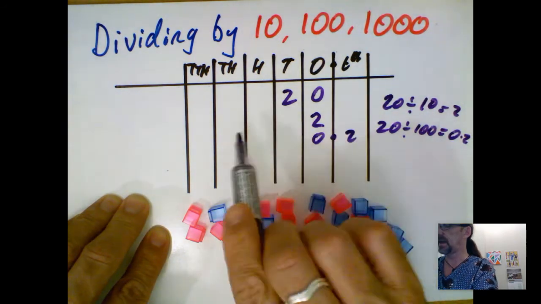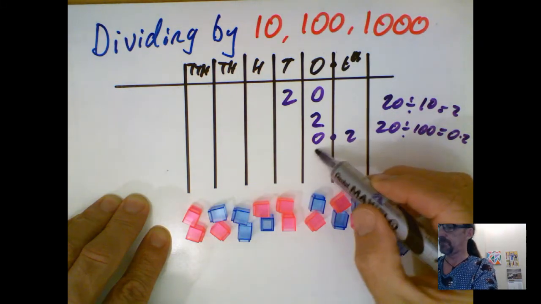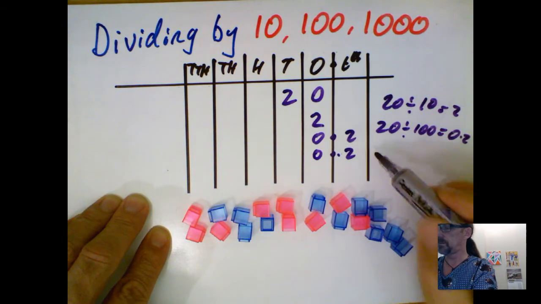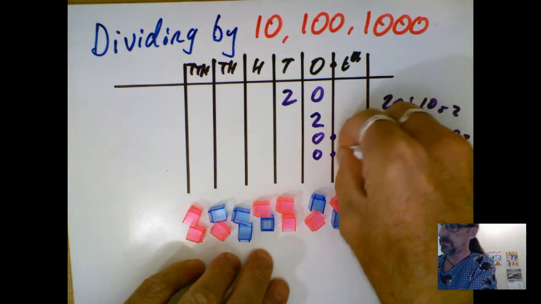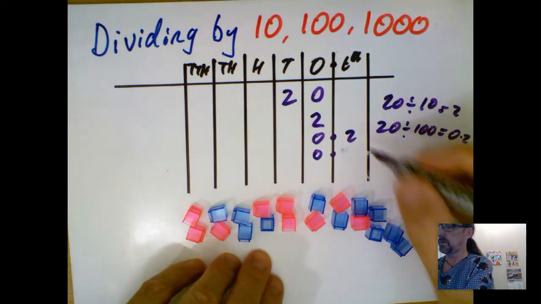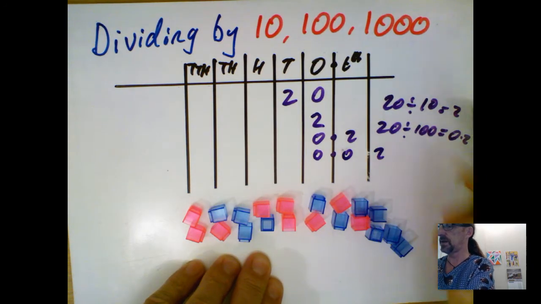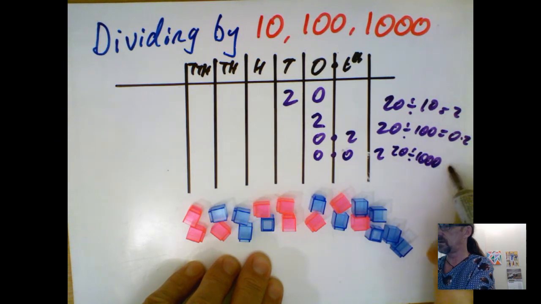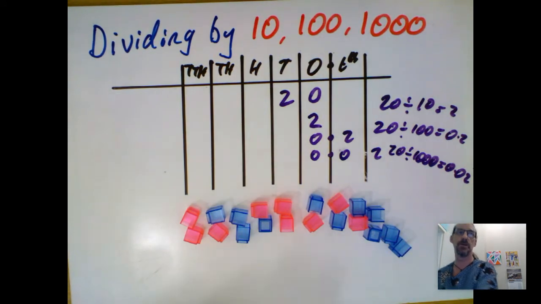Okay, if we divided it again by 1,000, then we're going one more column over. 0.2. No, making a mistake there. 0.02. So I got 2 hundredths instead of 2 tenths. So 20 divided by 1,000 equals 0.02. Okay, just about on the edge of my board there.